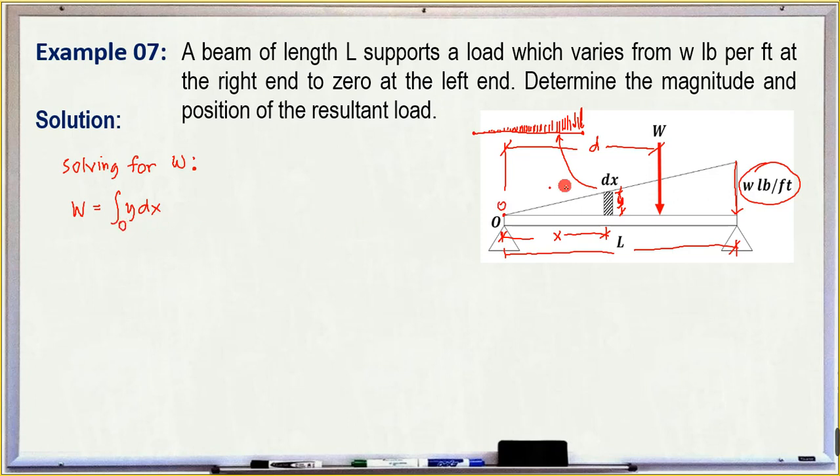So at the endpoint, the weight here is W. Okay, now we cannot integrate this one directly because y is a variable. So we need to find a way to express y in terms of x and the other parameters present in this problem.